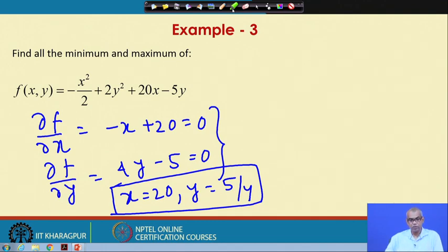To understand whether this stationary point is a minimum or maximum or saddle point, we have to now consider the Hessian matrix.